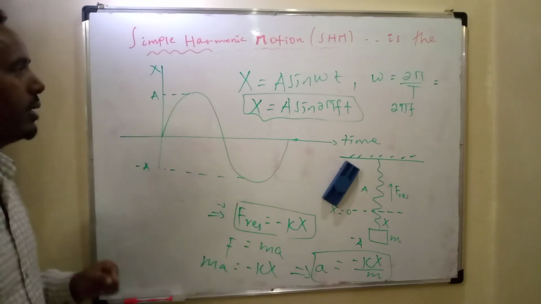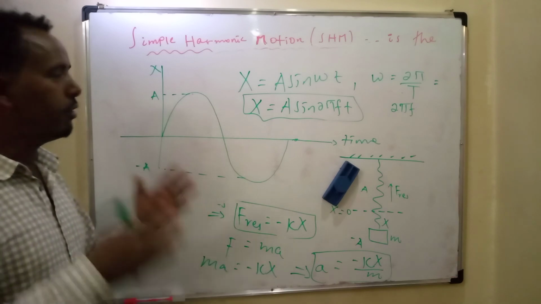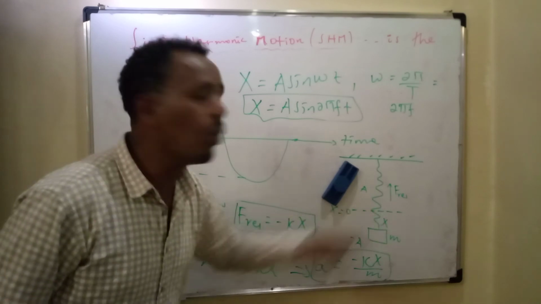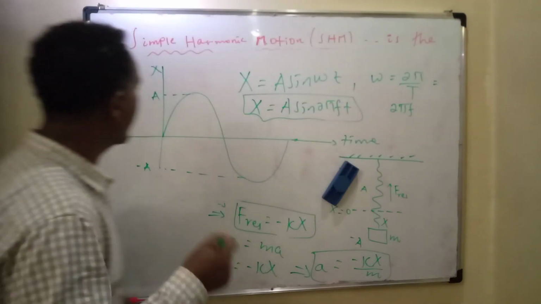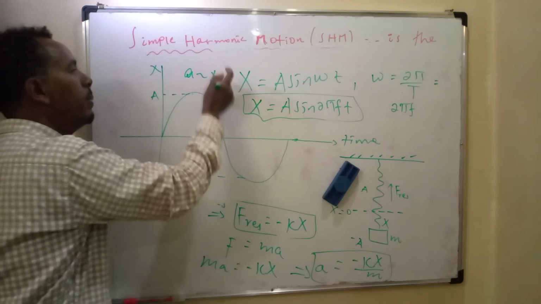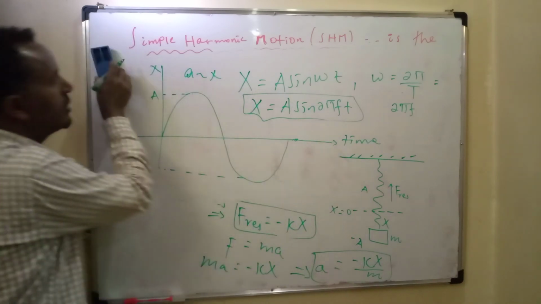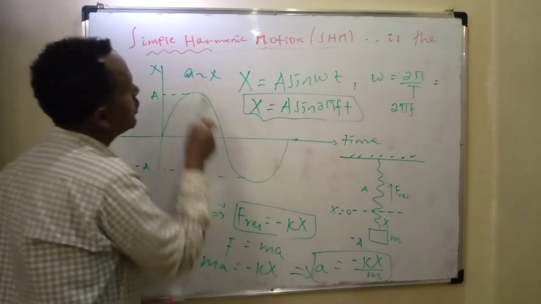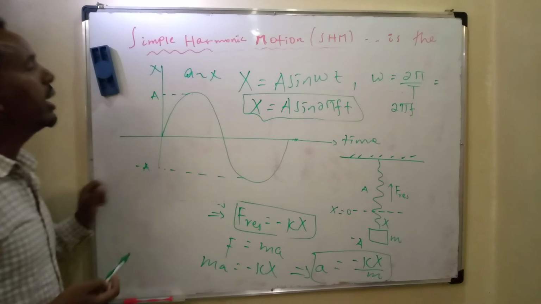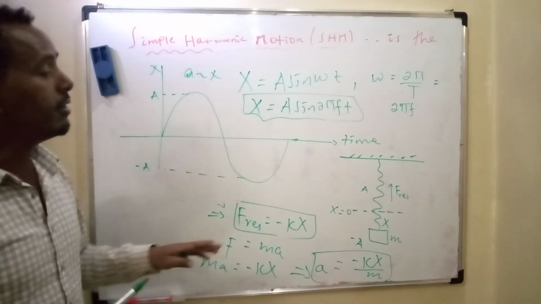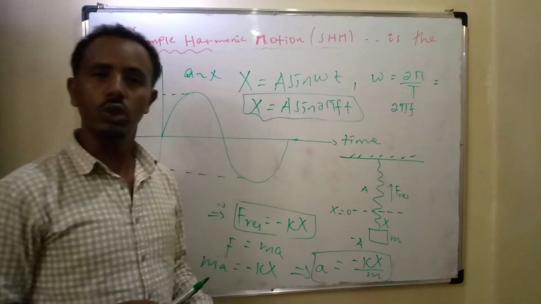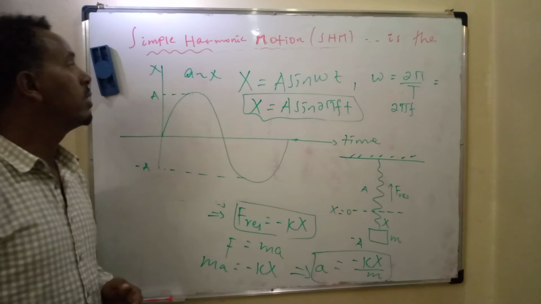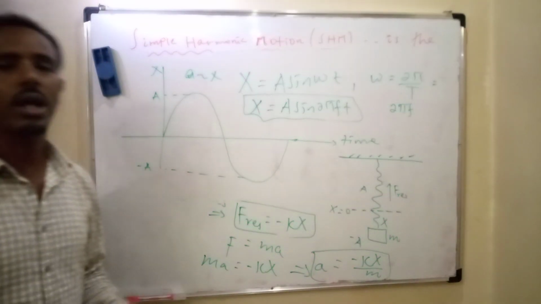Here, acceleration at the equilibrium position is 0, since it is directly proportional to displacement and x is 0 there. But acceleration is maximum at amplitude, because acceleration is directly proportional to displacement.